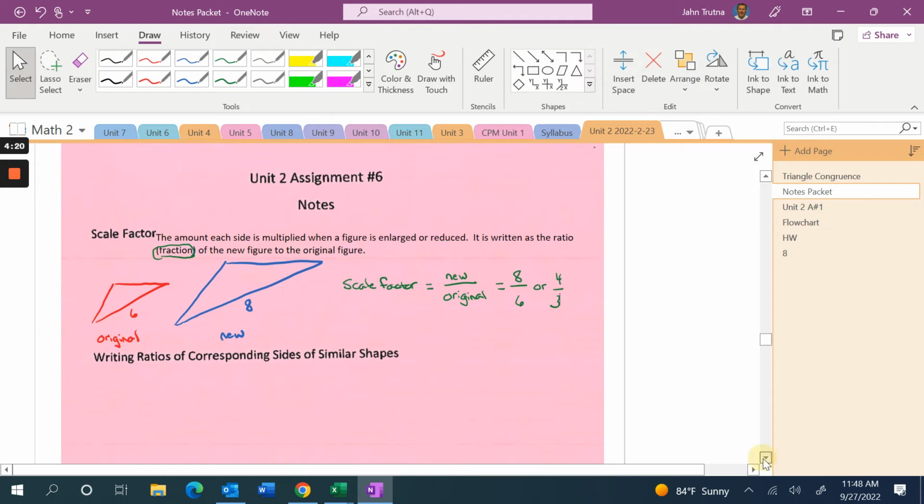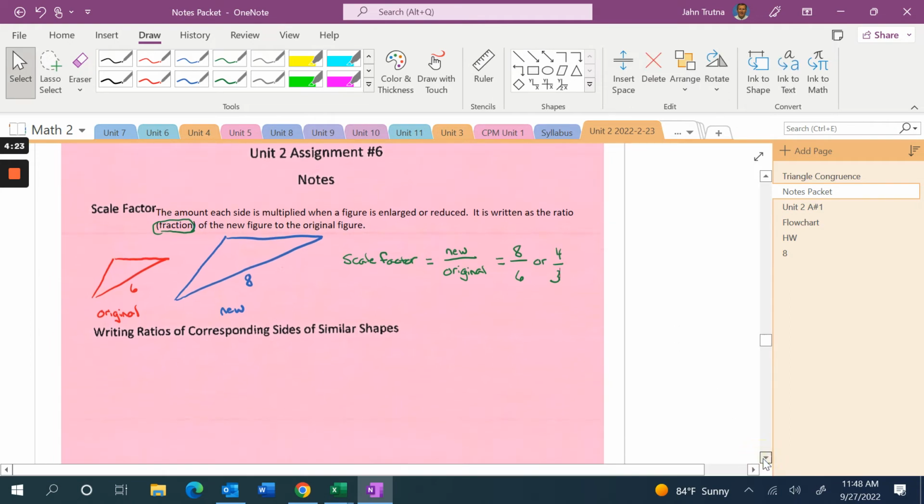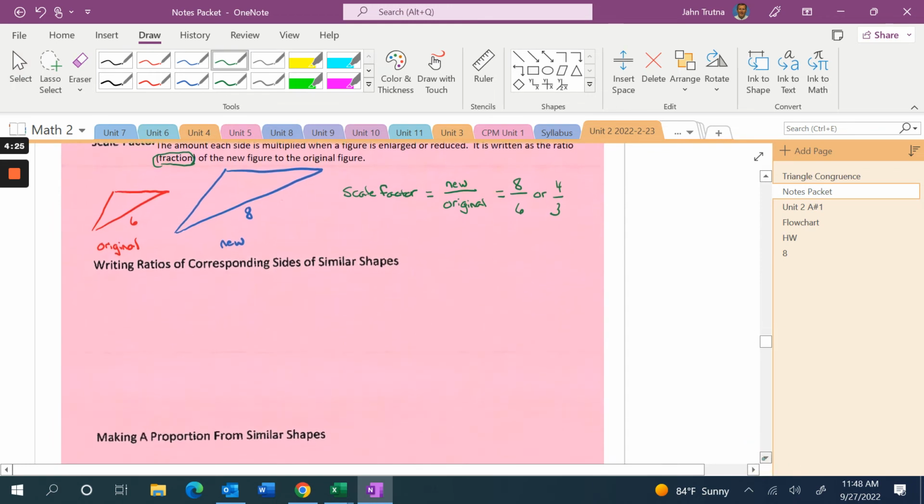Okay, so then we have that. Now, what we're delving into with scale factor is shapes that are similar. In the previous notes, I gave you a definition of what similar means. So now we're just going to practice writing ratios of corresponding sides of similar shapes.